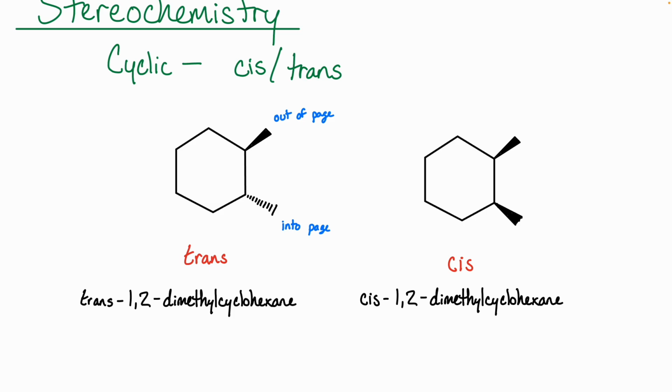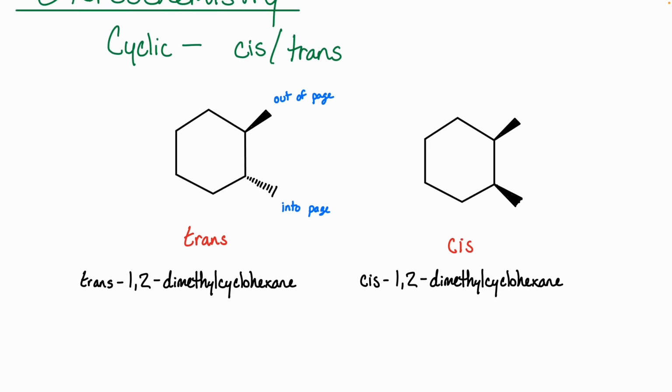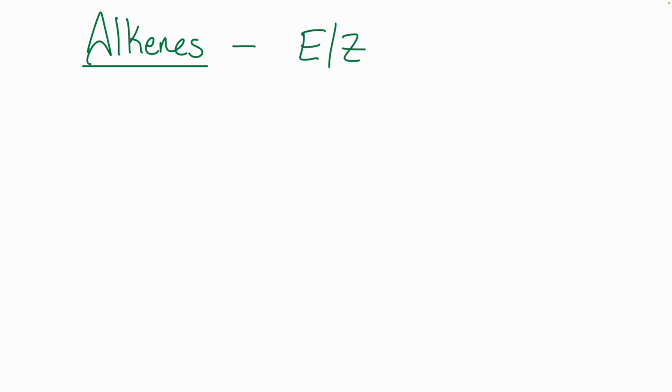All right, the other stereochemistry is going to pertain to alkenes. Some alkenes you can actually use the cis-trans designation for as well, but there are some that you can't. And so there's a more universal system that we built, which we call our EZ stereochemistry.